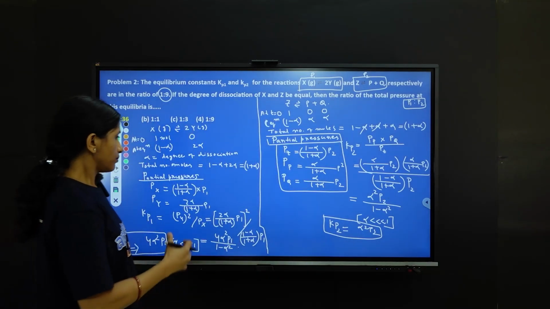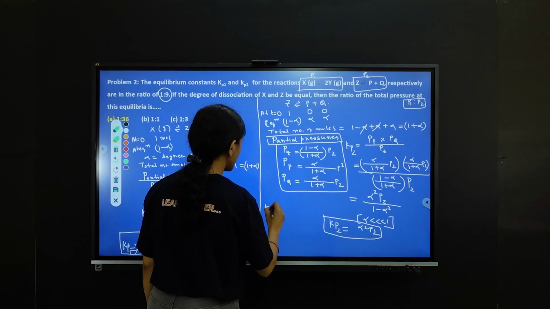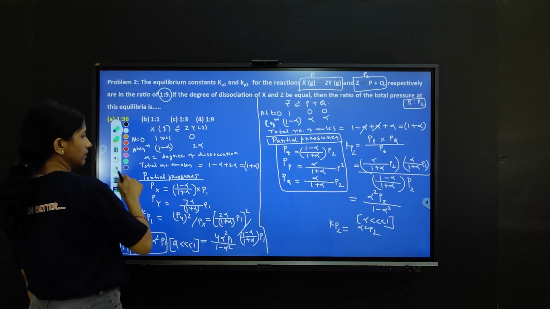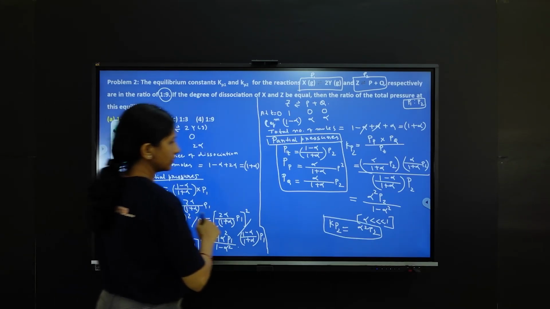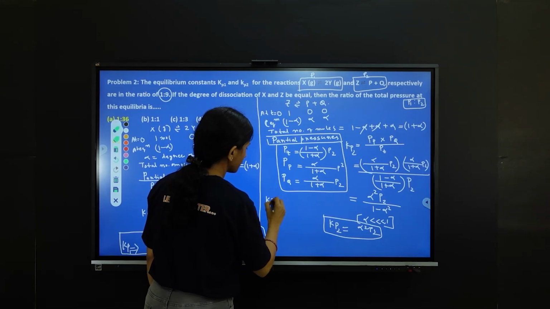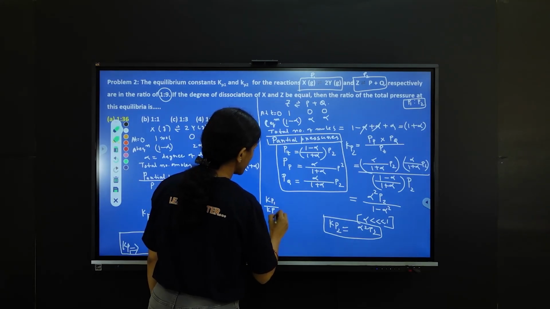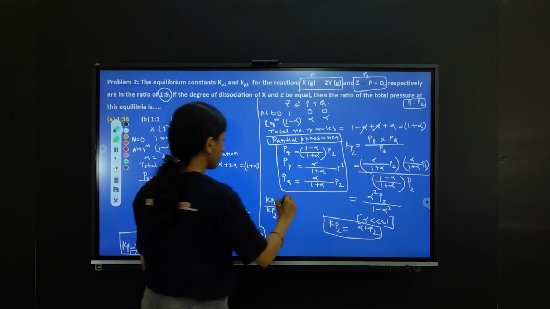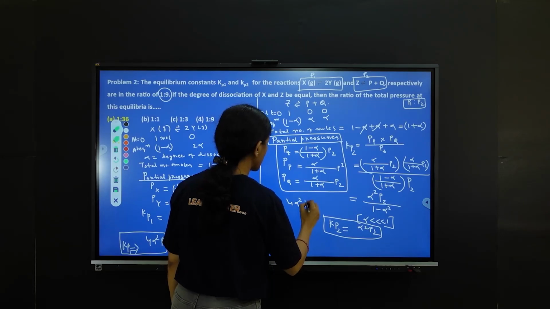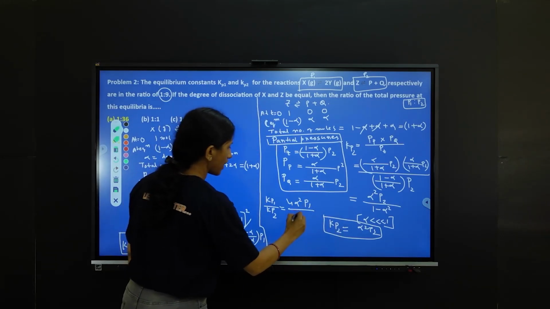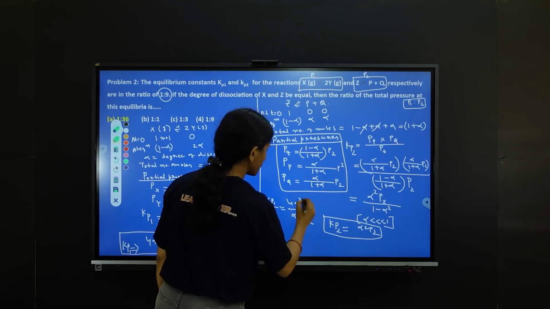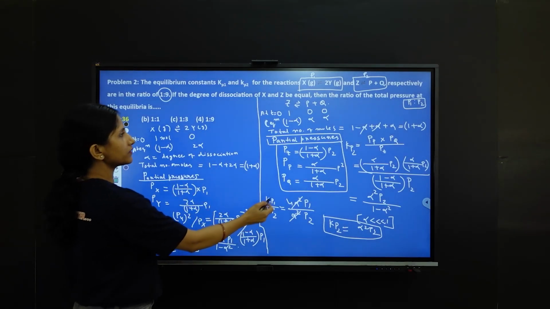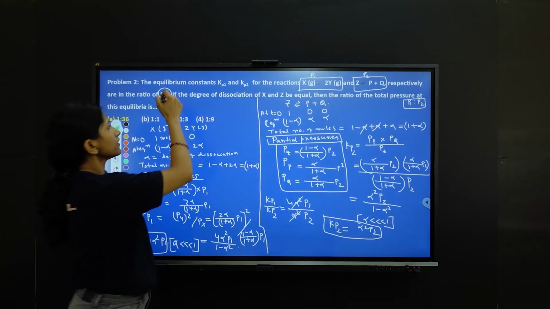Now we have to take the ratio of Kp1 divided by Kp2. We have obtained Kp1 as 4 alpha square P1 and Kp2 as alpha square P2. So alpha square will get cancelled out, and Kp1 to Kp2 has been given as 1:9.